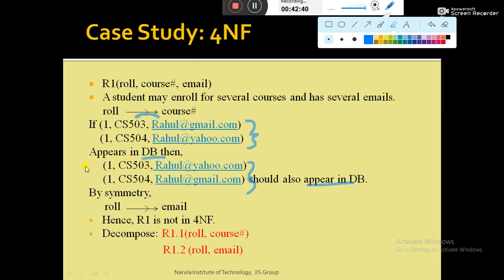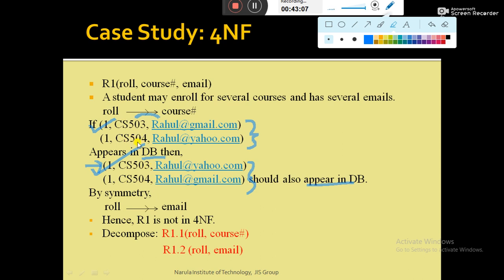So with the help of this data we can break the relationship between course and email. If this data is present in the database, then that data should also be present. Then only can we highlight that there is no dependency between course and email.